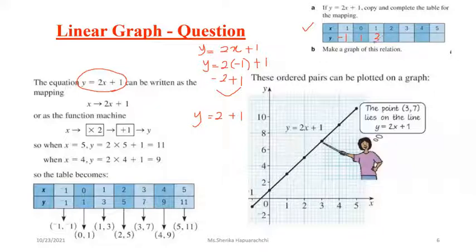Now you can do it mentally. Then 2 times 2, 4, 4 plus 1, it's 5. Then 2 times 3, 6, 6 plus 1, it's 7. 2 times 4, 8, 8 plus 1, 9. Then 2 times 5, 10, 10 plus 1, 11. Like that way, your first step, you complete your table.